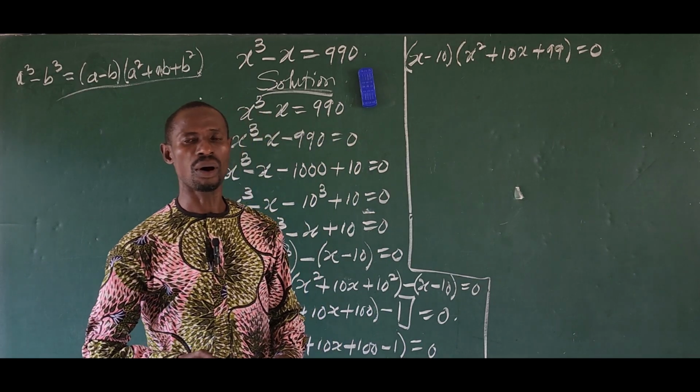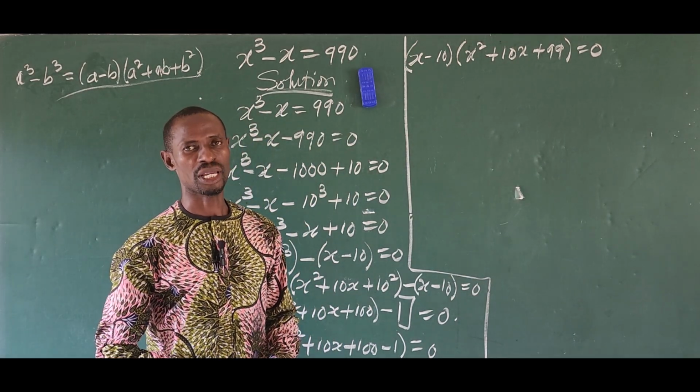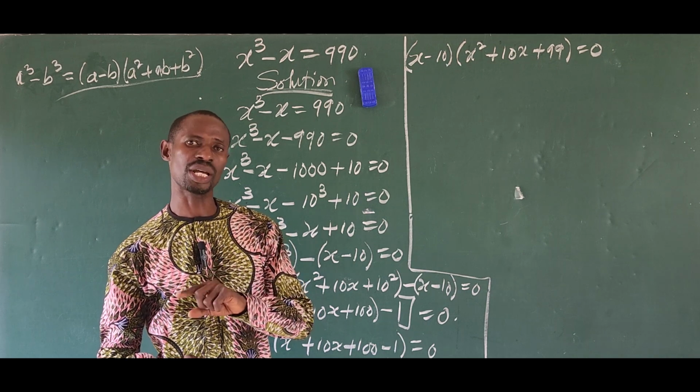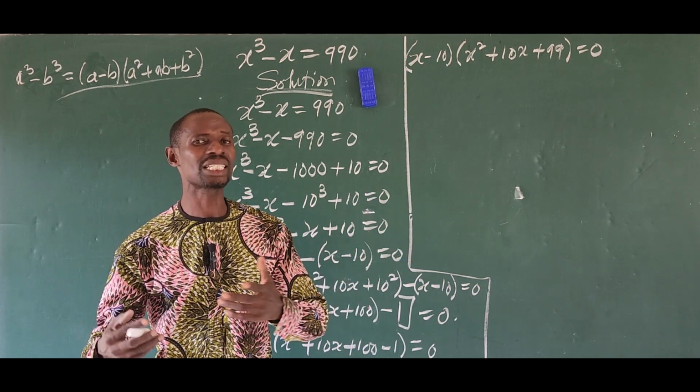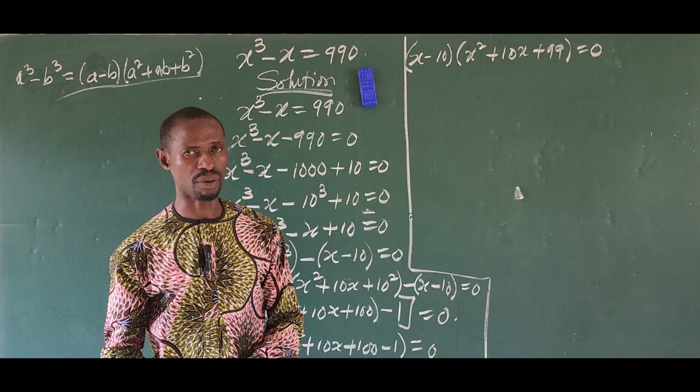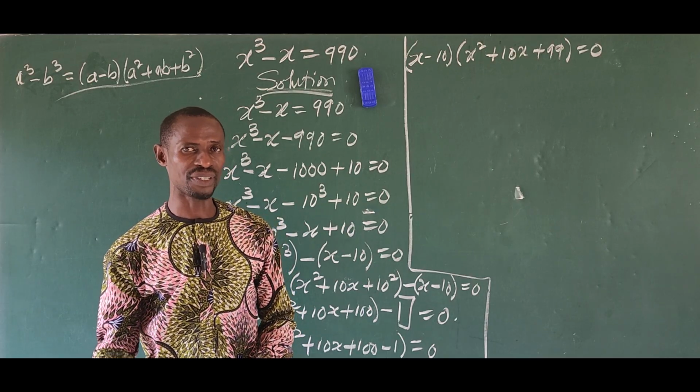There is what we call the zero property, which says that if you have x times y equal to 0, then it either means that x is equal to 0 or y is equal to 0. I made use of that property in so many of my videos.